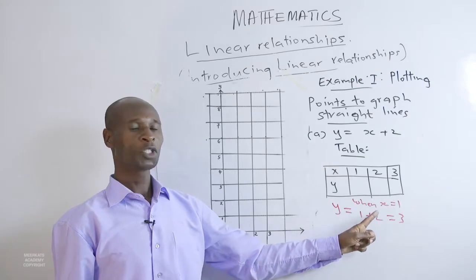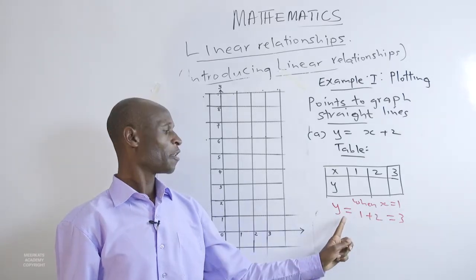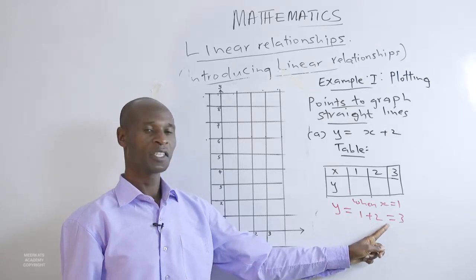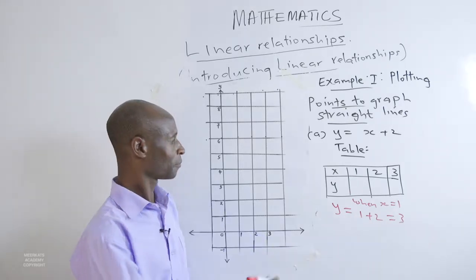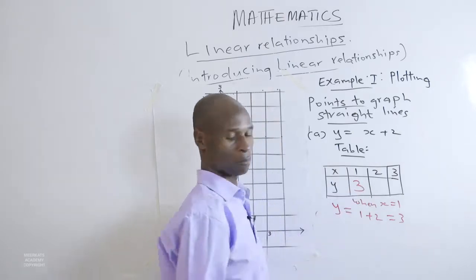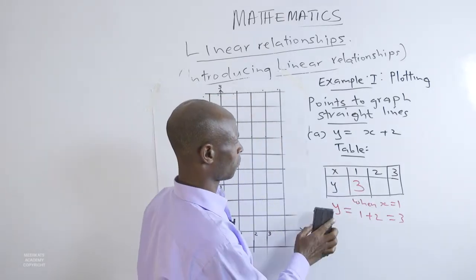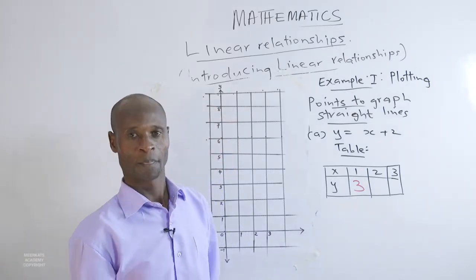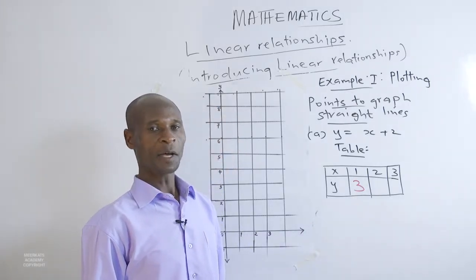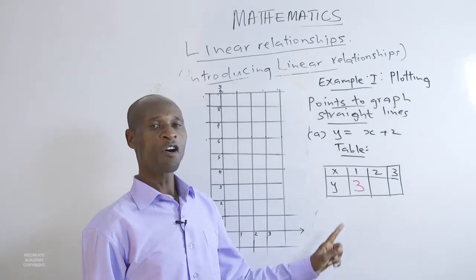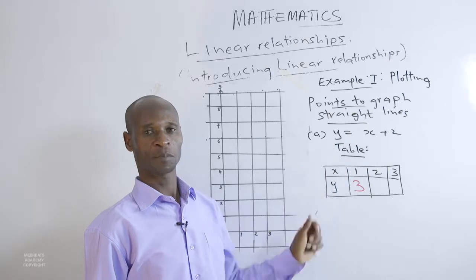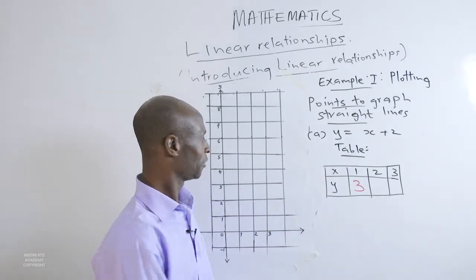When we substitute the value of x as 1, we find that the y value is 1 plus 2, which is equivalent to 3. Next, we substitute the value of x as 2 in our equation and get the corresponding value of y.